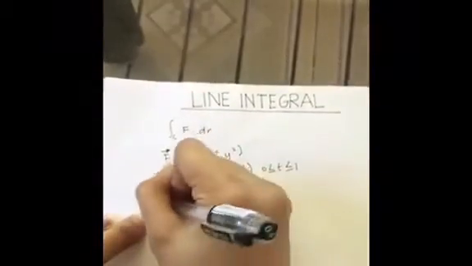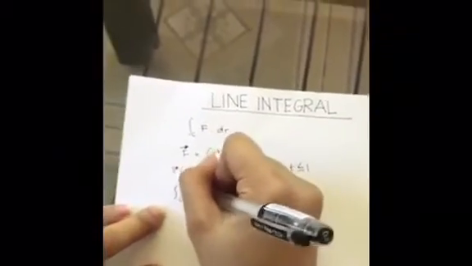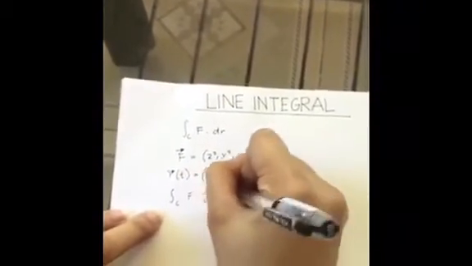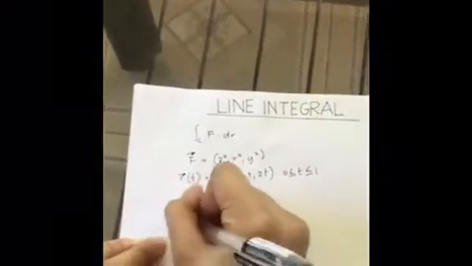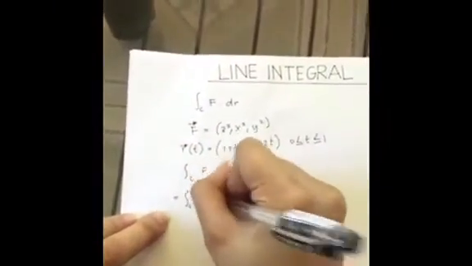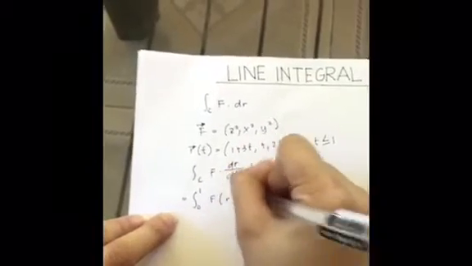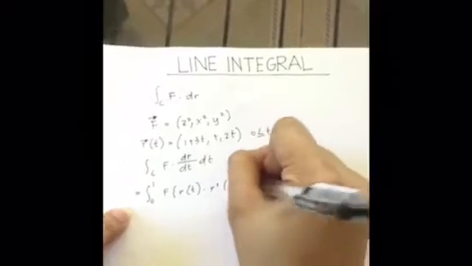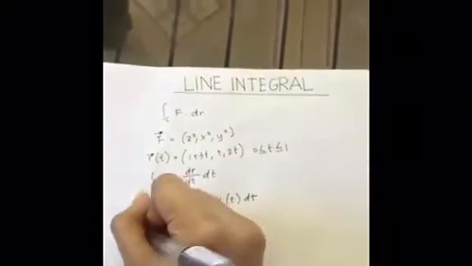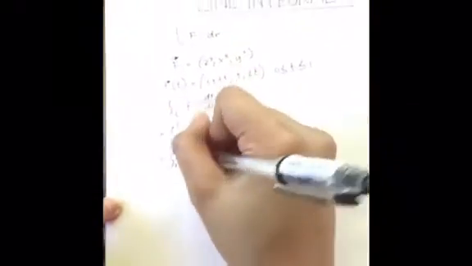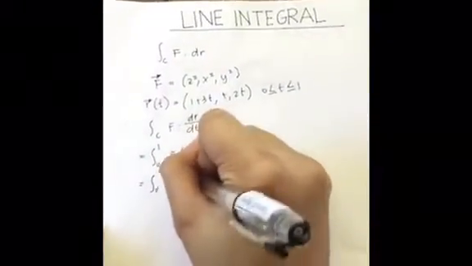First, integrate F dr, multiplied by dt, which is equal to the integration of 0 to 1 of F of r(t) times r prime of t dt. Then it is equal to the integral of 0 to 1 of z squared, y squared, x squared.